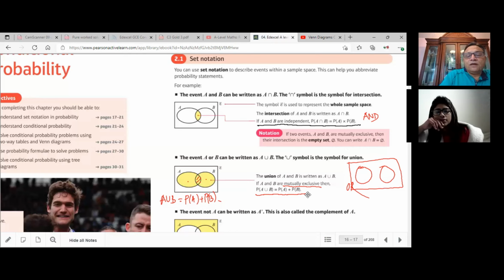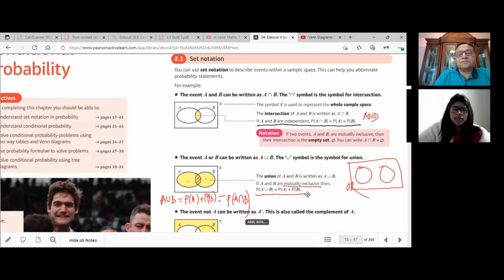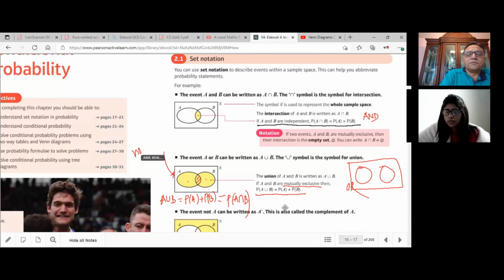So we have to subtract probability of A intersection B. They wrote mutually exclusive, but it's confusing. This is the general case, so this is not mutually exclusive.